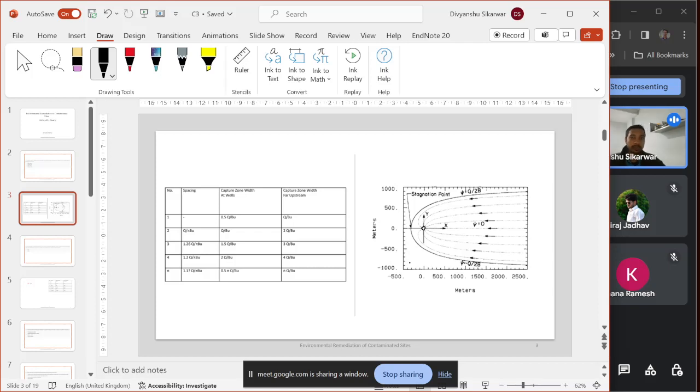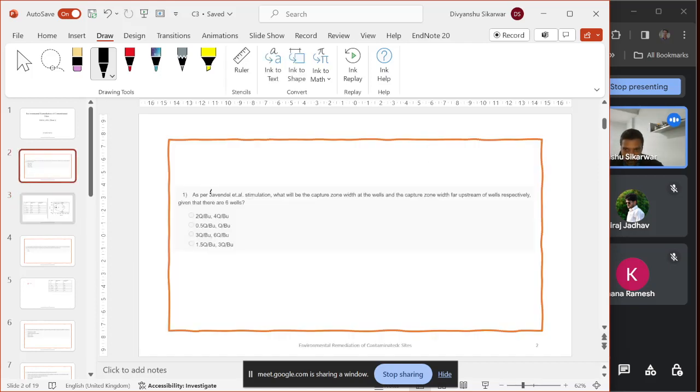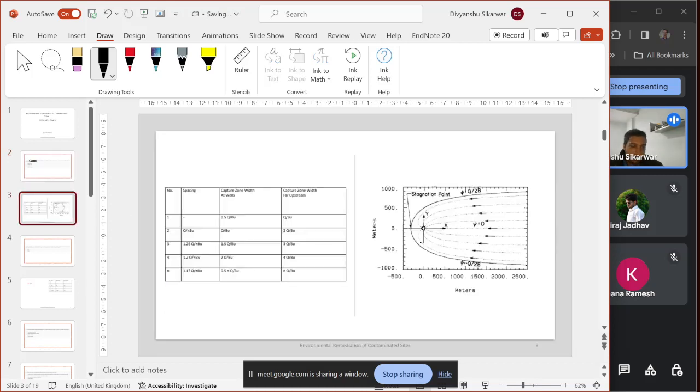In that concept, there was one method which is Chavandal, if my pronunciation is wrong for this method. This method gives us an idea: if we have a contamination zone like this, and we have groundwater flow in this direction, this method is to determine where we should construct the well so that we are able to cover this complete area.